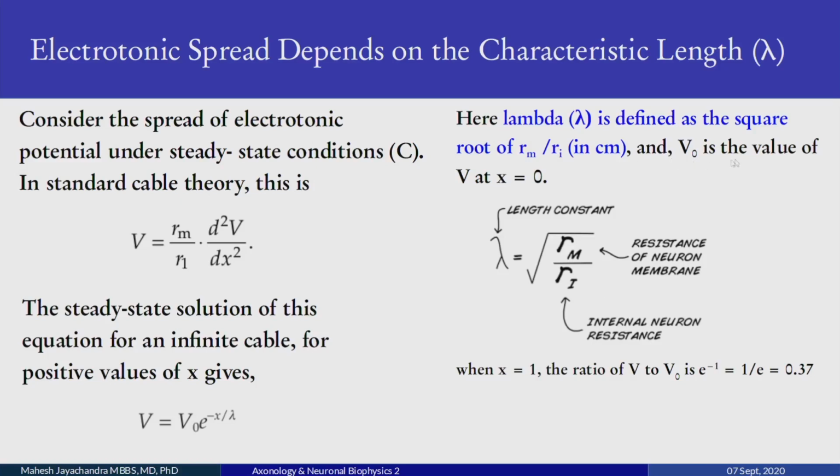V0 is the value of V at x equals 0. So when x equals lambda, the ratio of V to V naught is e to the minus 1, or 1 by e, or 0.37. So it reaches 0.37 of its original value where x is equal to lambda.